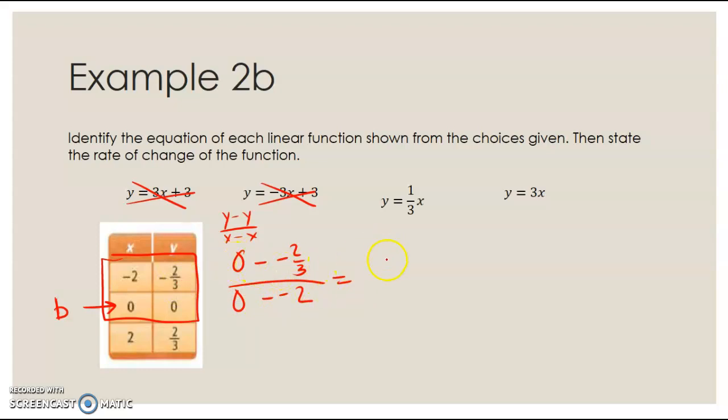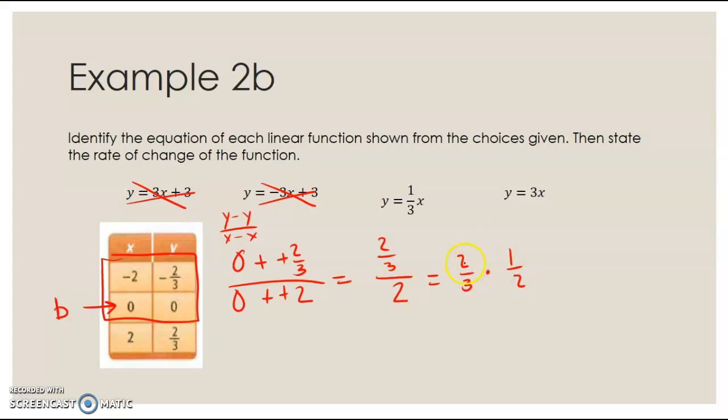And then what I'm going to end up with is minus a negative becomes plus a positive, so we end up with 2/3 divided by 2. And if you remember, when we divide by a fraction, it's easy as pie. We flip and multiply. So where this was 2/3 divided by 2, we're going to make it 2/3 times 1/2, because I'm going to flip my second fraction, which is the 2 over 1.